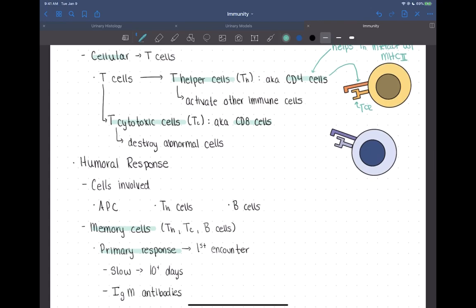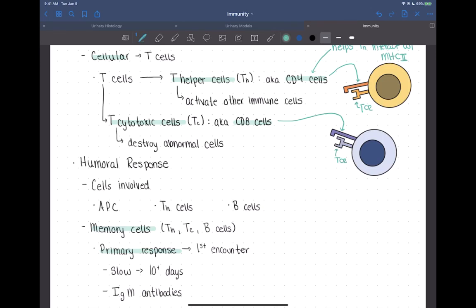These are called CD8 cells because they have this CD8 protein with the same function as the CD4. It helps that T cell receptor interact with its specific antigen. These T cytotoxic cells are going to attack and destroy any abnormal cells in the body.